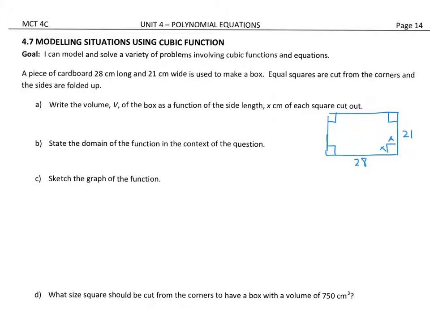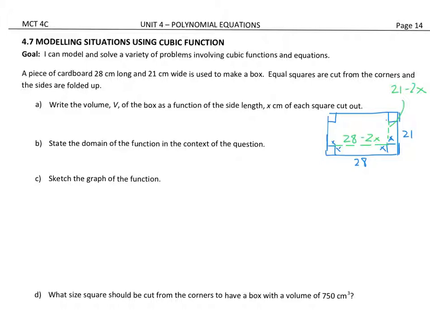So if I take x off of here and x off of here, this part here, that dotted line there, would be equal to 21 minus 2 x's. All right, and then we have the dotted line across here, which is a whole 28, but again, we're subtracting 2 x's away from that.